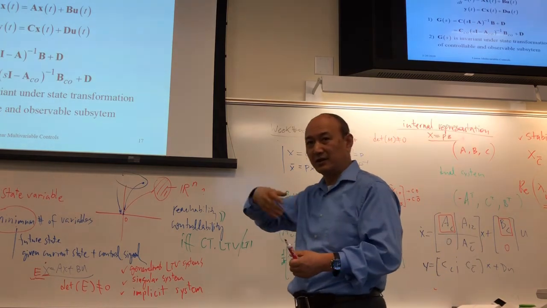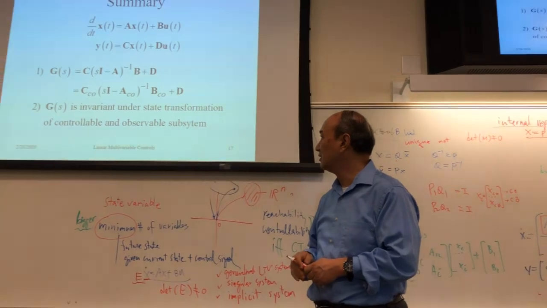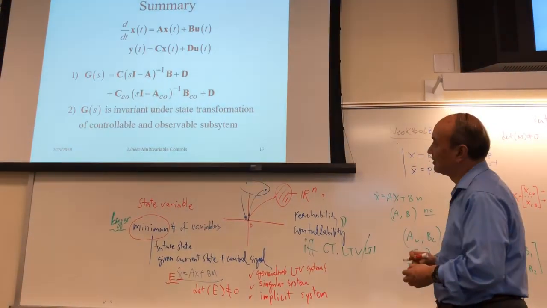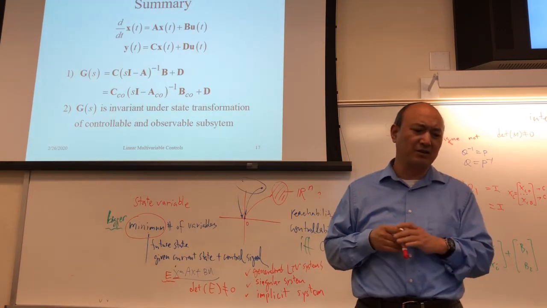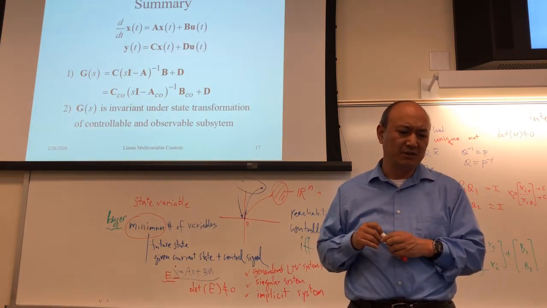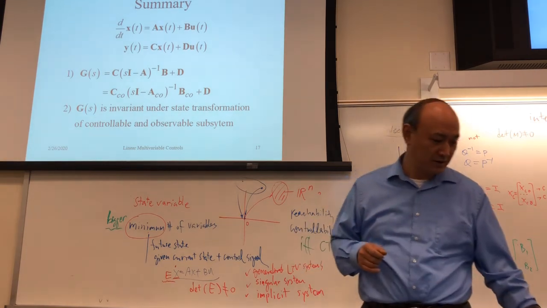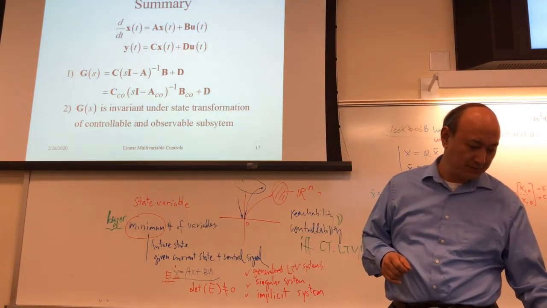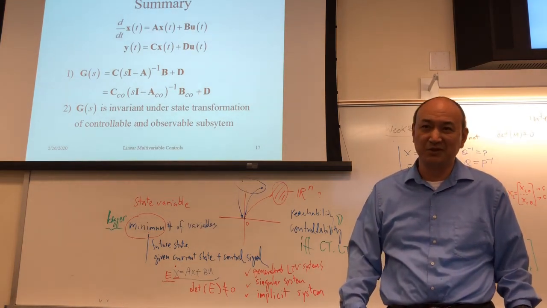So everything that happens is internal. So it's intrinsic. So by understanding this canonical decomposition, we have a pretty good idea about the structural properties of linear systems. So this is a major contribution by Kalman.